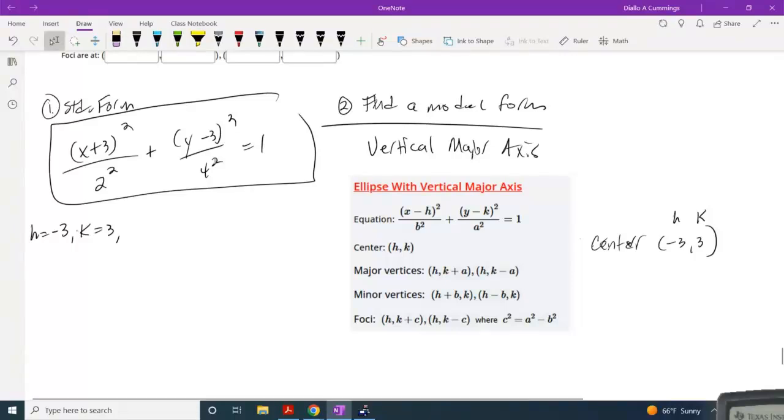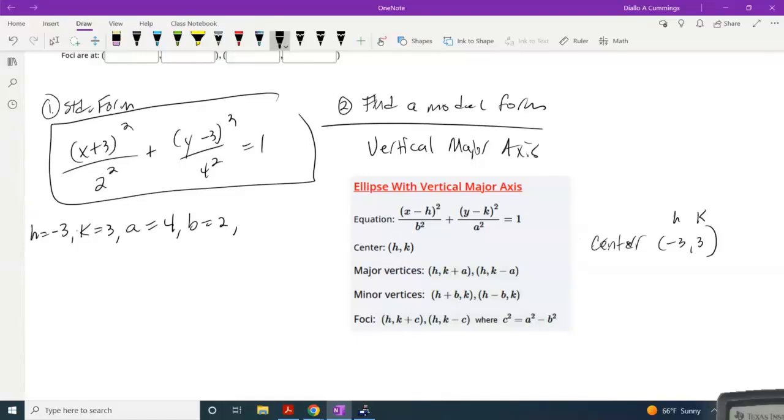Well, to find A, I look at my largest denominator, which was 16. You square root 16, you get 4. So A is equal to 4. I'm also going to find B. In order to find B, we look at our smallest denominator, which is 4. The square root of 4 is 2. So B is 2.